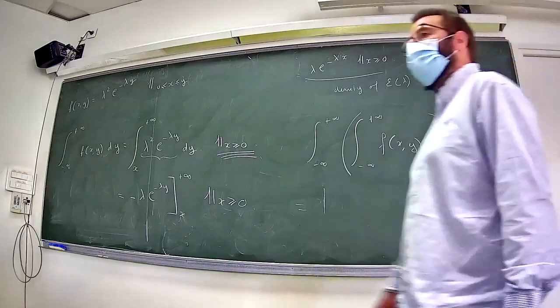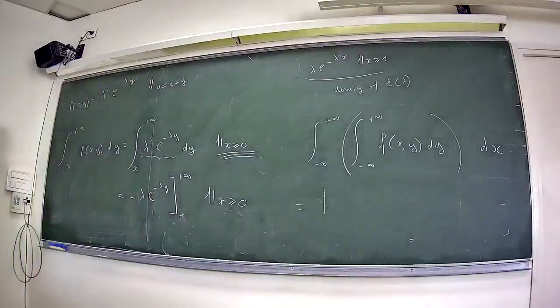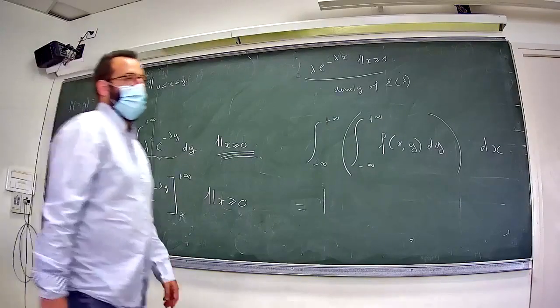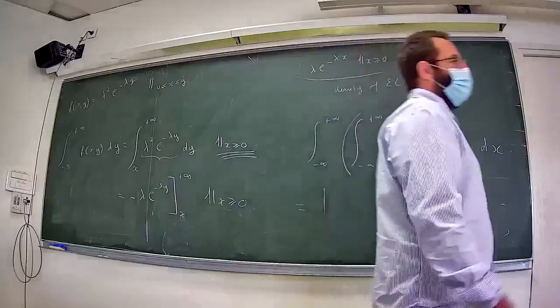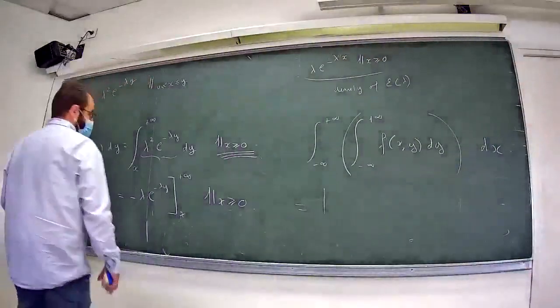So the notion of a joint density function is a notion that generalizes what happens for a single random variable, but in the case of 2. So let's have a look at this definition a little.